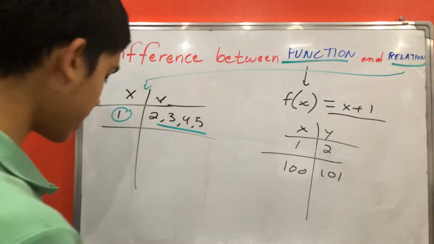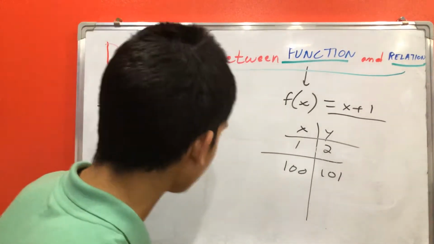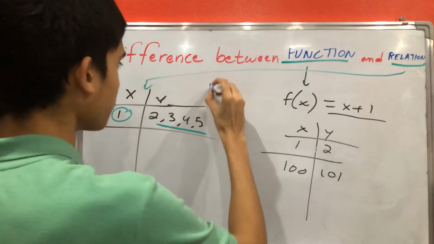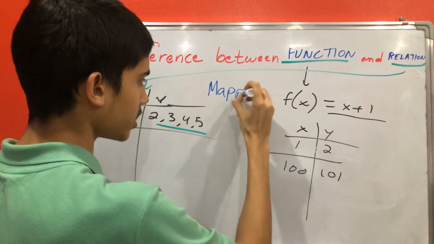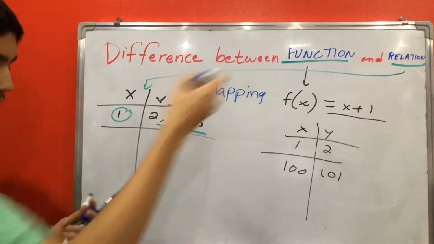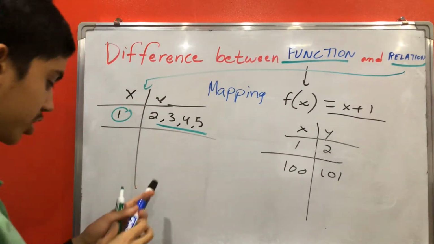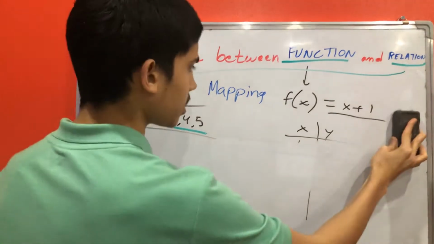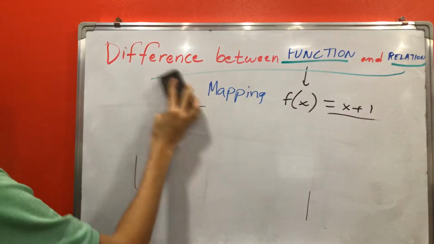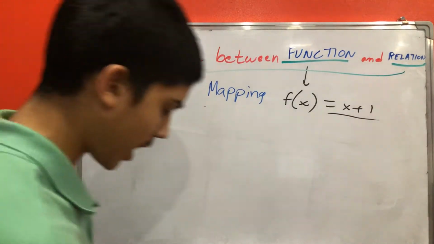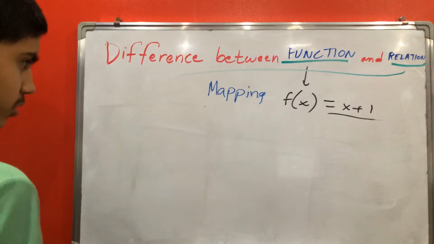Now there's this idea of mapping. I want to quickly explain the difference between mapping a relation and mapping a function. Let's use that function as an example. A map for a function or relation will look like this.